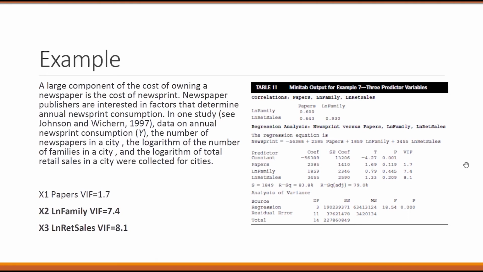So as you can tell, the Y variable is newsprint consumption. And we have three X variables. Number one is the number of newspapers in the city. The second is the log of the number of families in the city. And the third one is the log of the total retail sales in the city. And intuitively, they should all be highly correlated with the newsprint consumption.